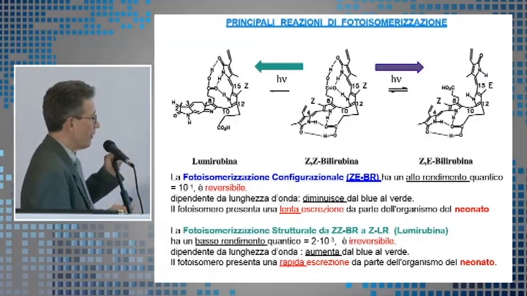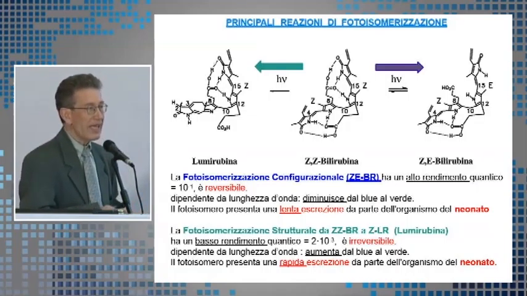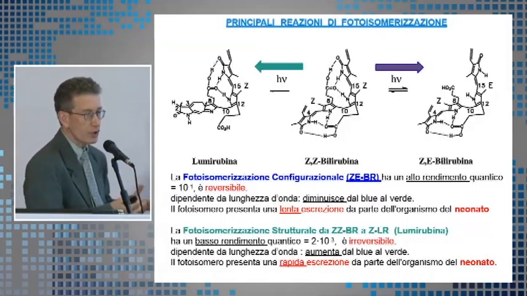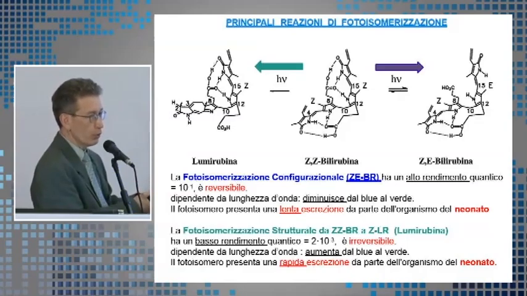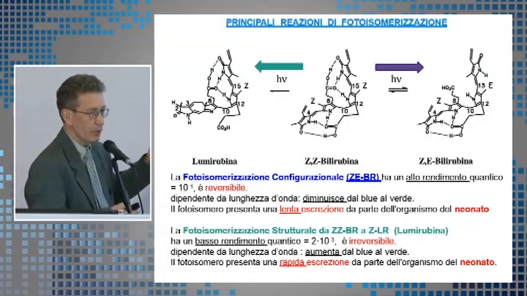So it opens up, as I said. Configurational photoisomerization is quicker. It forms more easily. And then, quite obviously, there is also a reversibility process, because if the photoproduct takes a photon, it becomes bilirubin again.